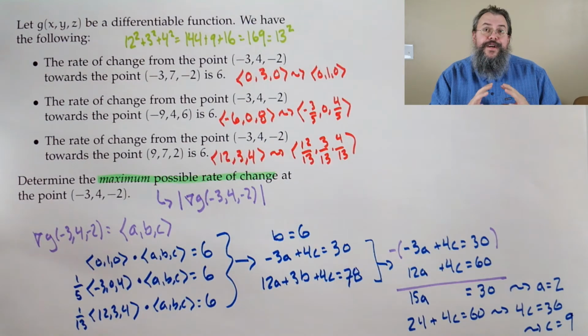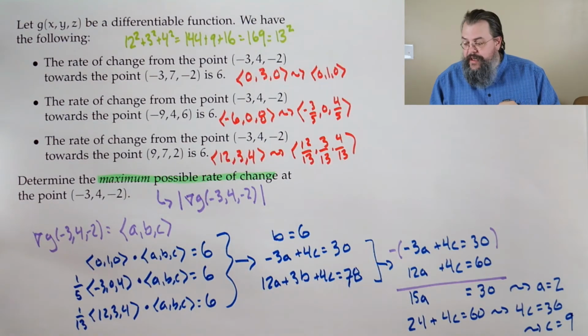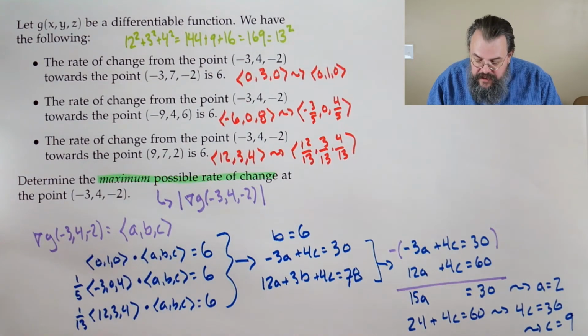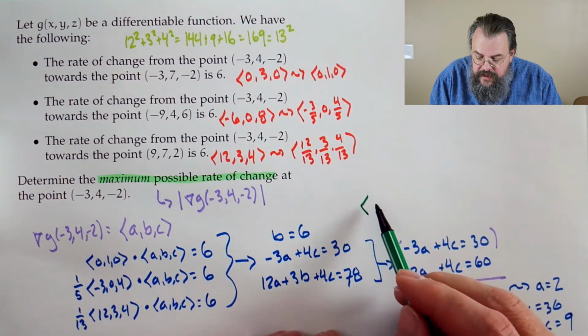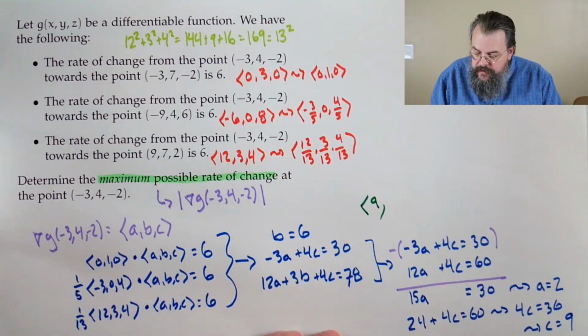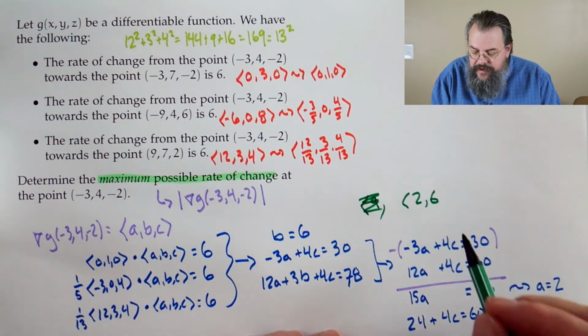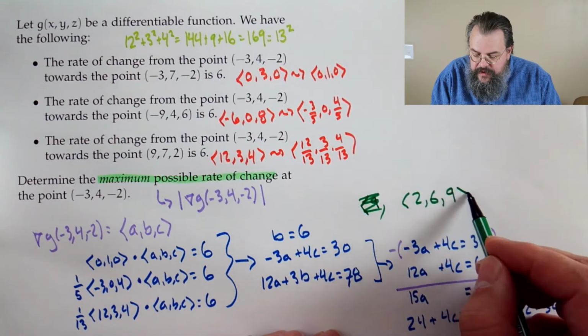So what we've now done is we've figured out our gradient. In particular, our gradient of ABC is 9. Whoops, got in the wrong order. A is 2, sorry. B is 6, and C is 9. There we go. 2, 6, 9.